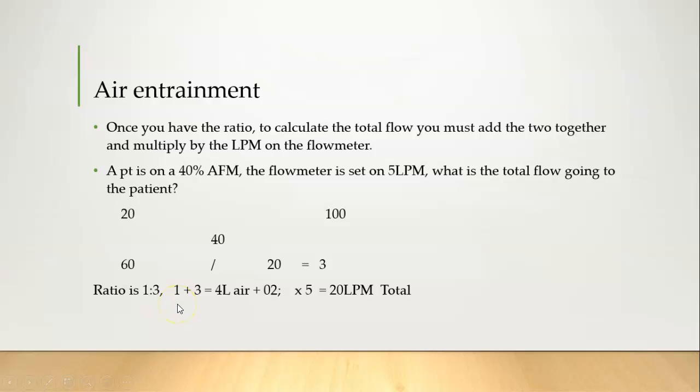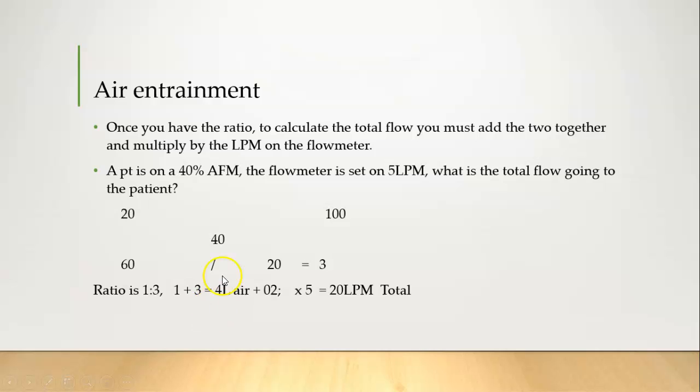So we've got 3 parts air and 1 part oxygen. That's what we know. This formula calculates the liter flow of air, always compared to 1 of oxygen. So in this ratio, 1 to 3, there's 1 plus 3, or 4 total parts. In this case, 4, let's call them liters.